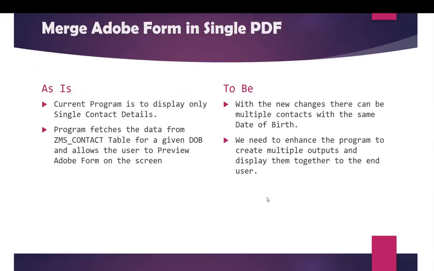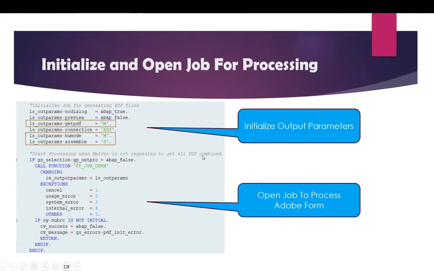Now, how is this being done? The first thing we need to understand is that generally we use FP open job. We process the Adobe form using the function module that we have determined, and then finally we close the job.